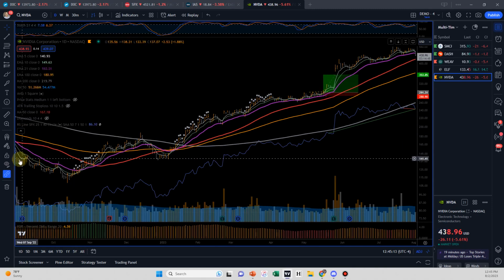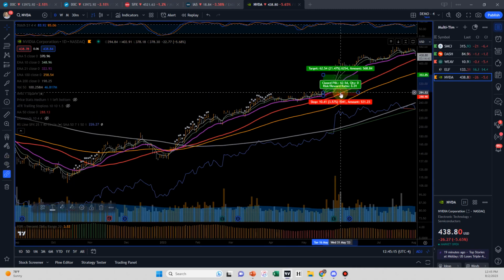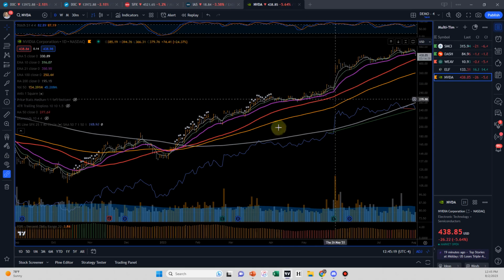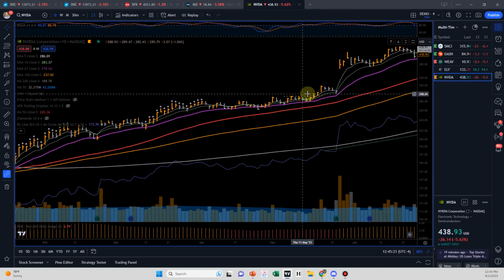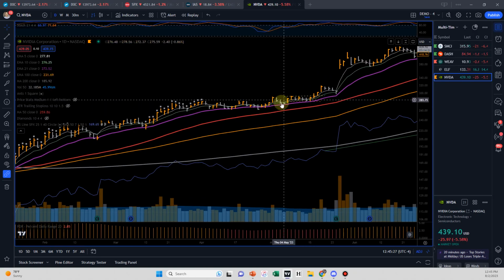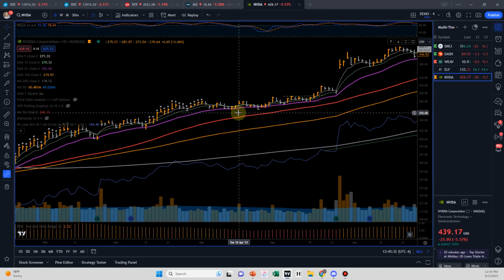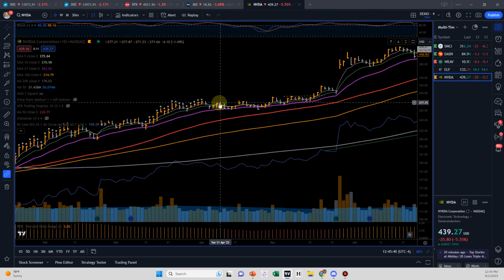If I'm not even looking at this, but I'm just looking at the price action while this thing is consolidating, this is a little bit tighter than the action back here, or back here, or back here. So look for tightness across time frames.